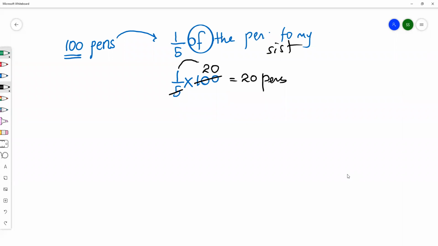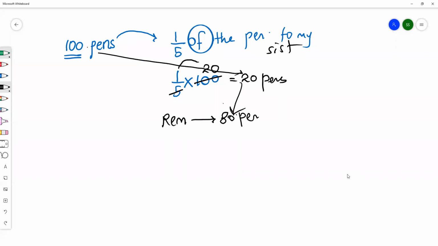How many pens remaining for me? 100 pens, I gave 20, so 80 pens remaining. Remaining means we have to subtract. 100 minus 20 is 80 pens.